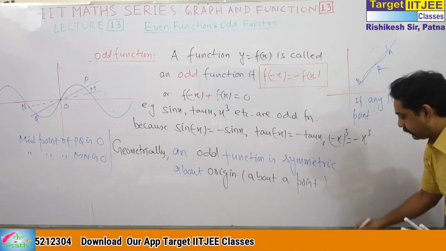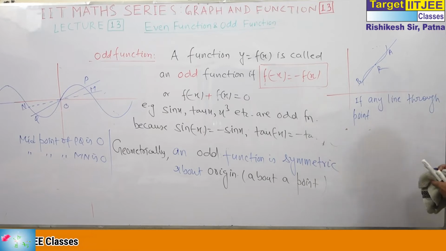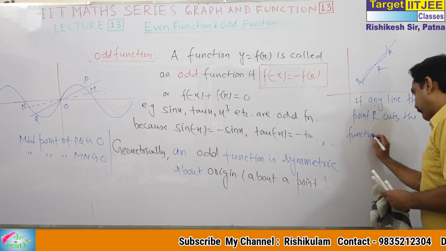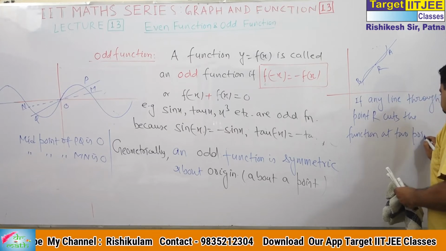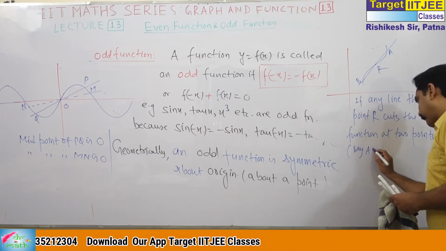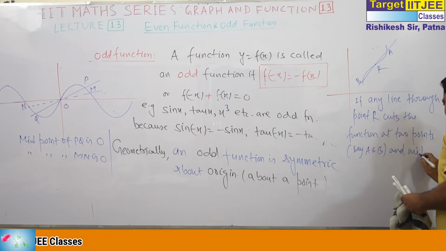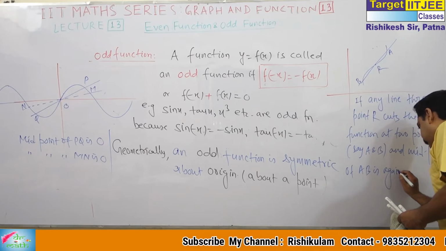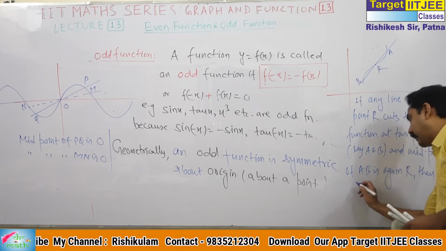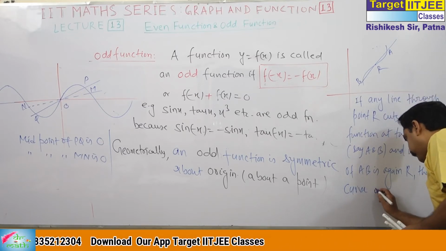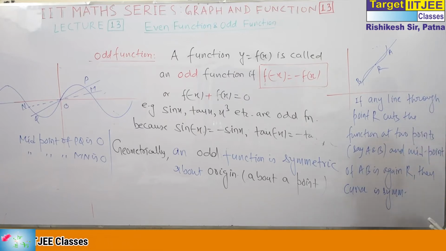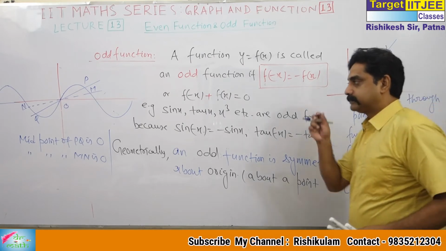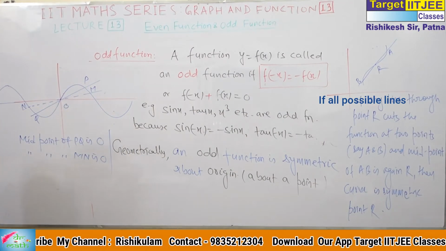If any line through point R cuts the function at 2 points A and B, and the midpoint of AB is again R, then the curve is symmetric about point R. This is symmetricity about a point.